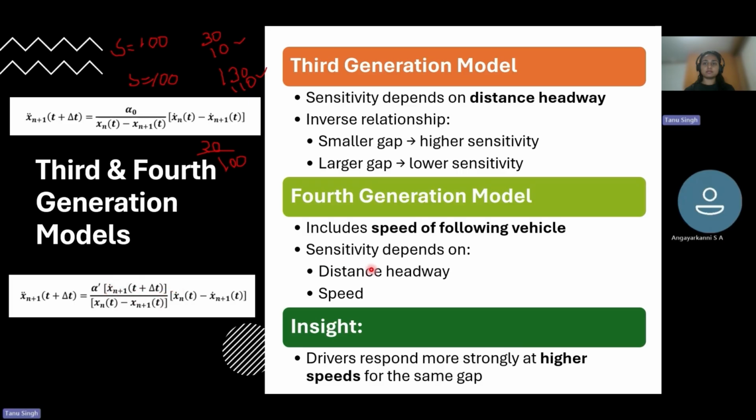So here the sensitivity has both the distance headway and the speed. If a vehicle is moving at higher speed, the driver will react more strongly to changes in the leading vehicle motion, even if the gap remains the same. So now sensitivity depends upon both the spacing and the speed. This makes the model more realistic.